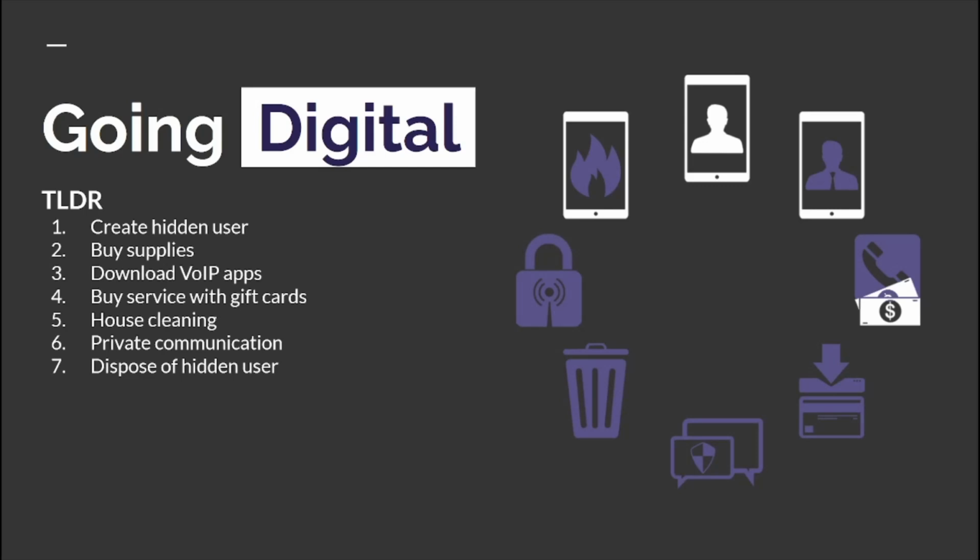We're going to download some VoIP apps, and then we're going to clean up behind any of the messages that might have gotten sent out and that could be seen, and any major settings that need to be turned back to their original state. And then we're going to have our private communications set up through the VoIP. And then I'm going to show you how to delete and burn our virtual burner phone.